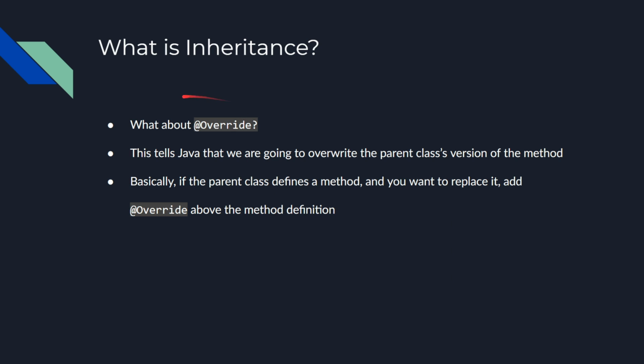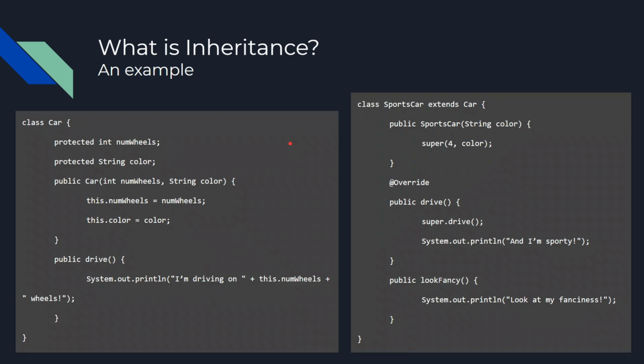And then I mentioned override earlier. If we look at our 2 classes, our car class and our sports car class, we have this drive method on our car class, but we're also defining it on our sports car class. Now, we have to tell Java, hey, I know this method already exists, and I want to replace it. That's what this override annotation does.